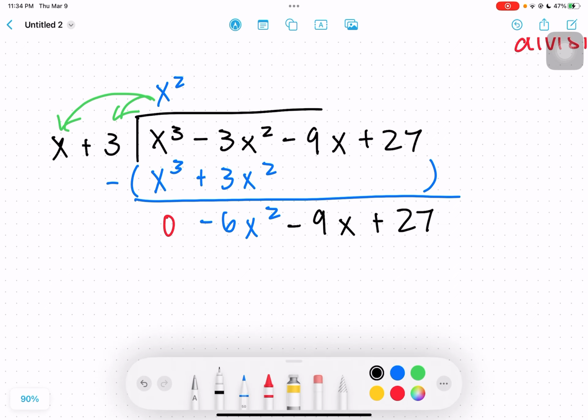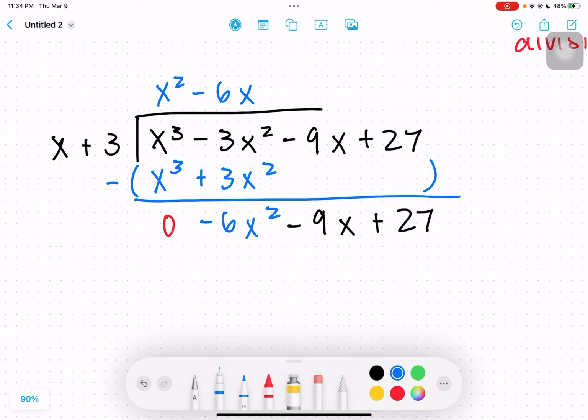And then you just do it again. Negative 6x squared divided by x, and the answer is negative 6x.